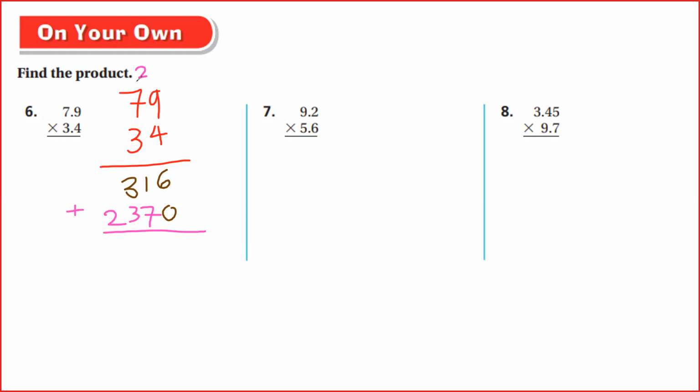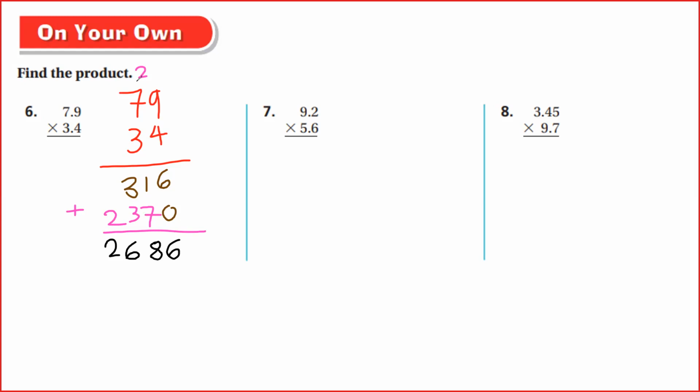Then we have to add them together. 6 equals 6. 1 plus 7, 8. 3 plus 3, 6 and 2.